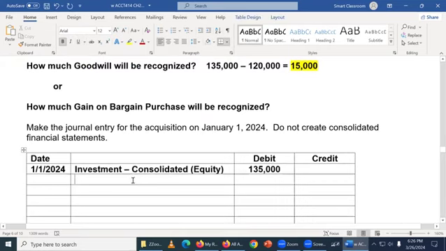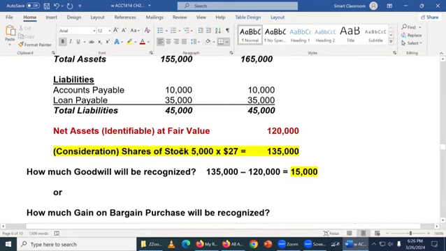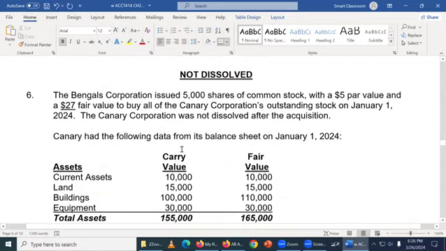So this will be the journal entry for it. Let's make the journal entry for the stock. What was the par value? 5. So the stock goes on the books at the par value.